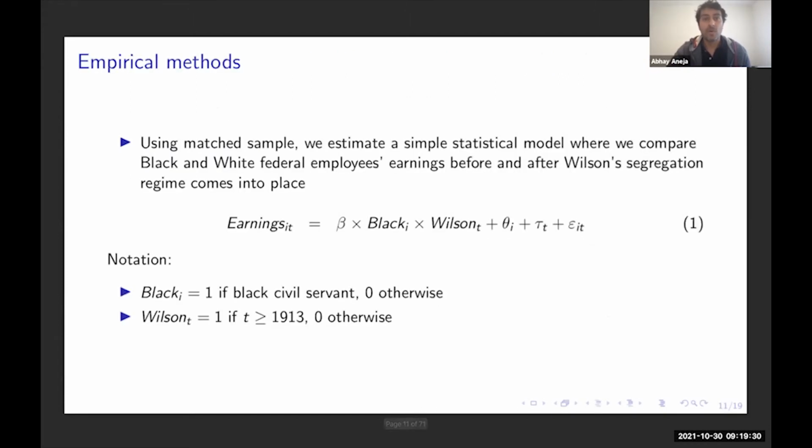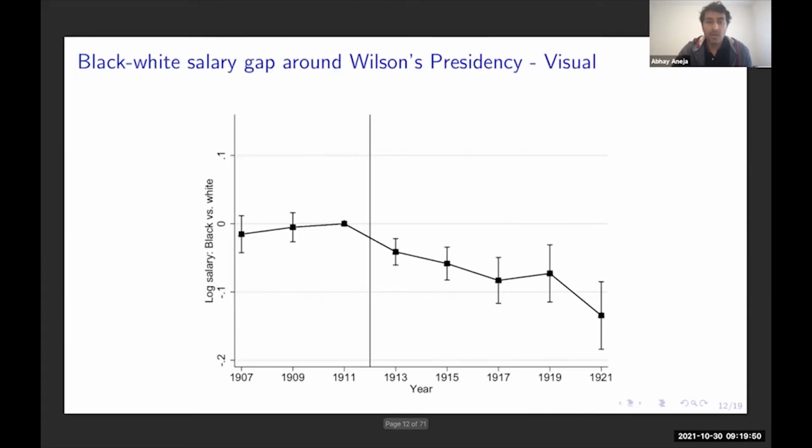So what we're going to do here is use our matched sample of civil service and estimate a straightforward difference in difference regression, where we're comparing the earnings of Black civil servants relative to white civil servants before and after Wilson comes into office. In a nutshell, this is our main result in graphical form.